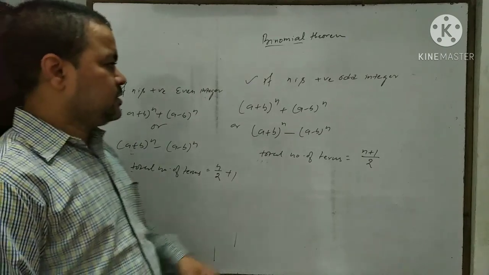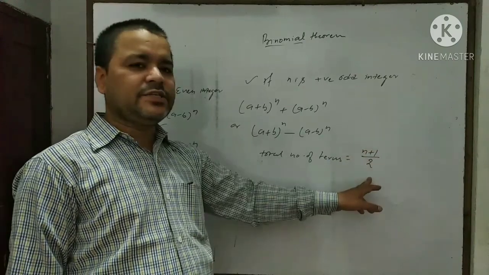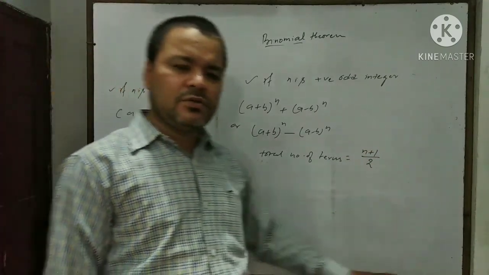In this situation, when n is an odd integer, the total number of terms will be (n plus 1) by 2, and in this case the total number of terms will be n by 2 plus 1.